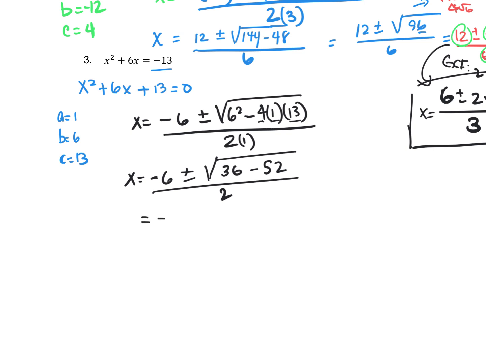So I have negative 6 plus or minus the square root of negative 16 all over 2. So now I have an i in here because of that negative 1. So when I take the square root of this, I'm going to simplify that. I am going to get negative 6 plus or minus 4i all over 2.